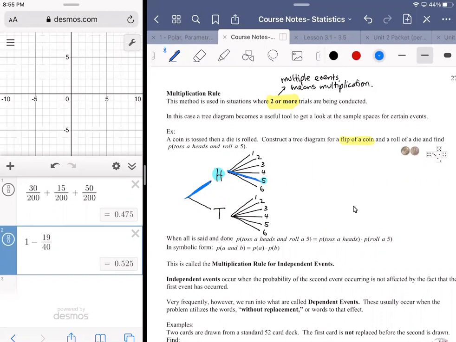So we have one pathway that satisfies heads and 5. We have 12 pathways overall. All right. So that would give us 1 over 12.